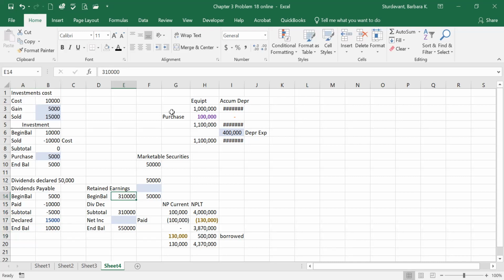So then over here, retained earnings at a beginning balance of 40, ending of 70. So if they declare dividends, what does that do to this account? What do declared dividends do to retained earnings?